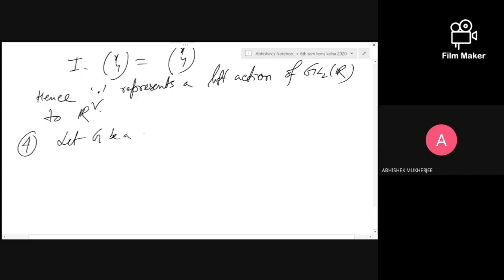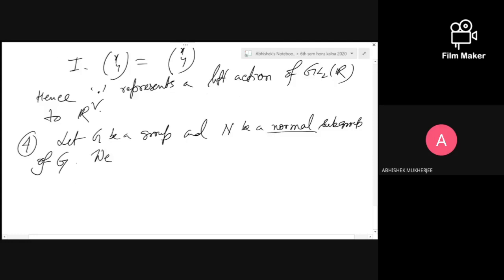So, let G be a group and N be a normal subgroup of G. And then we define, with the help of this normality of the subgroup N, a map dot, colon G cross N to N. So dot is a map from G cross N to N. That is, we are to consider the group G, which will act on the normal subgroup N.